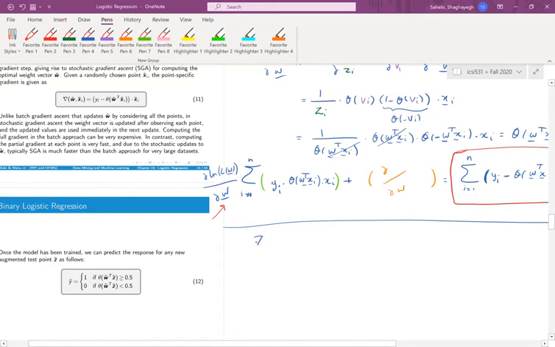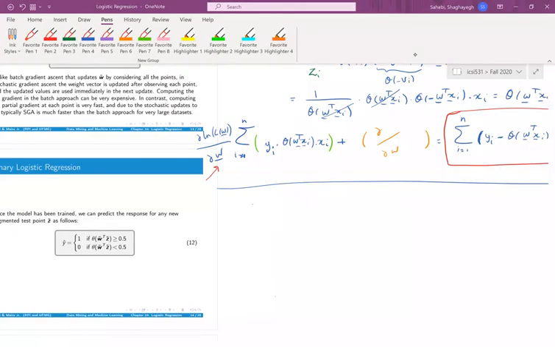So instead of the gradient with respect to W, what we do is that we take the gradient, we can rewrite it like this, gradient of W at some specific point xi.